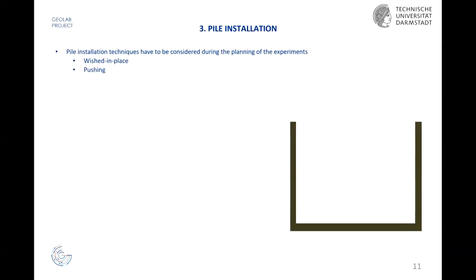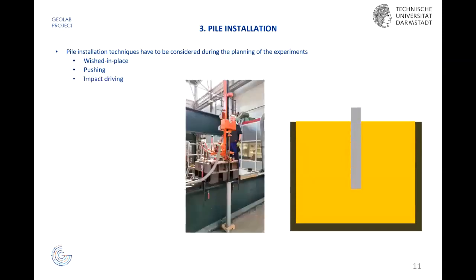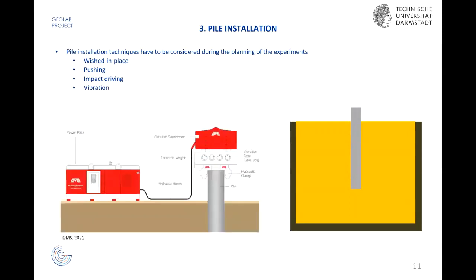So the next thing is you install your sand sample and then you push your pile. This is an example of pushing, or impact driving, or with vibration. So you have all those typical pile installation methods. You can also use them in our scale, of course.